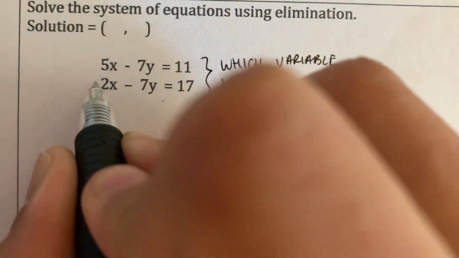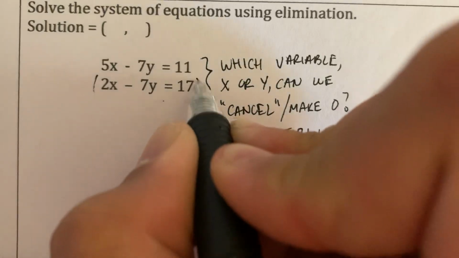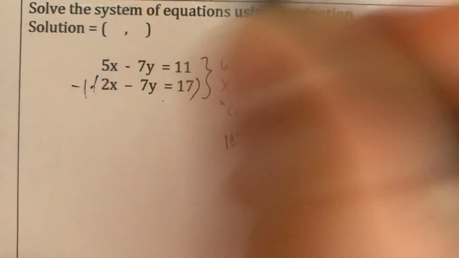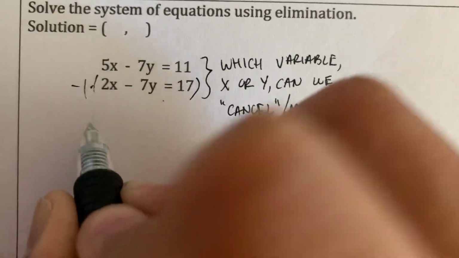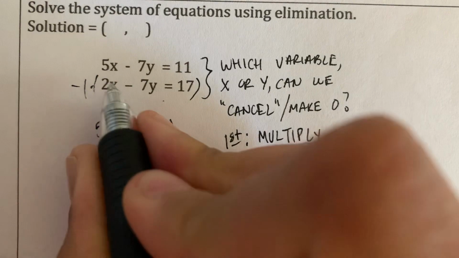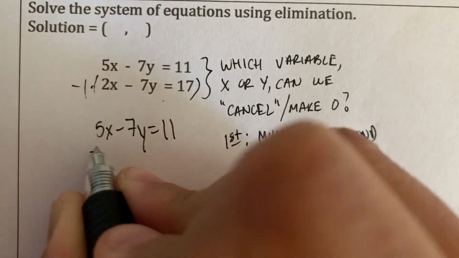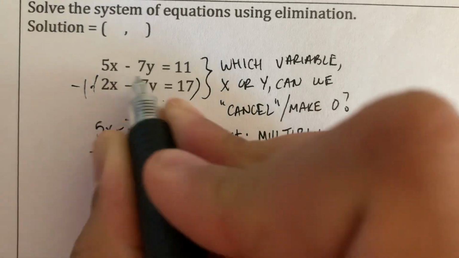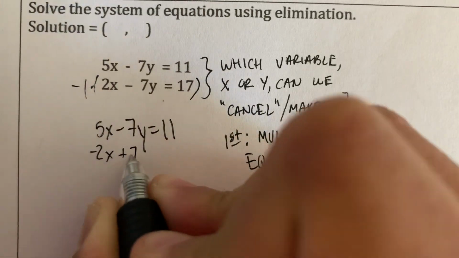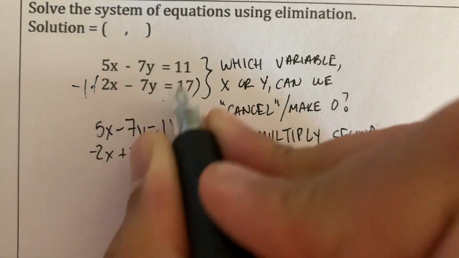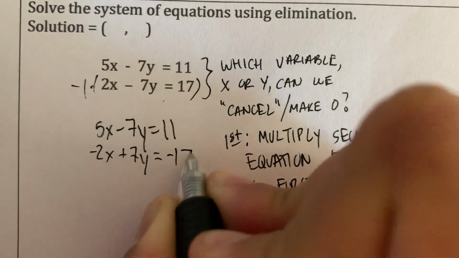So we're going to multiply this equation by -1, the whole thing, and rewrite both of these. We get 5x minus 7y equals 11 for the top one, and now we multiply everything in the bottom one by -1. -1 times 2 is -2x, -1 times -7 is plus 7y, -1 times 17 is -17.